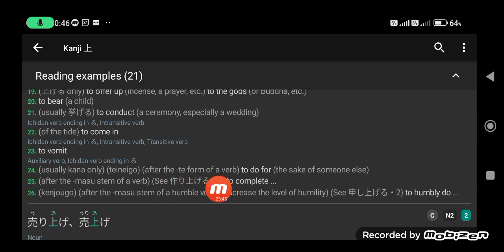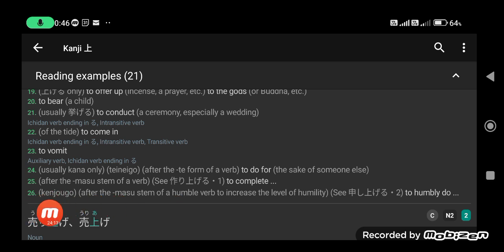And the te form of the verb usually means being in a state of that verb, or to do for the sake of someone also. After the extracted stem of a verb, on the right side, you put the ageru, and it will mean to complete. Just like this example, tsukuri ageru, to complete.